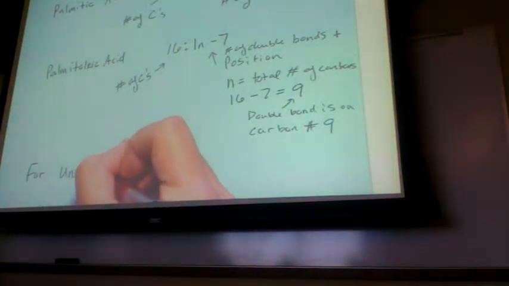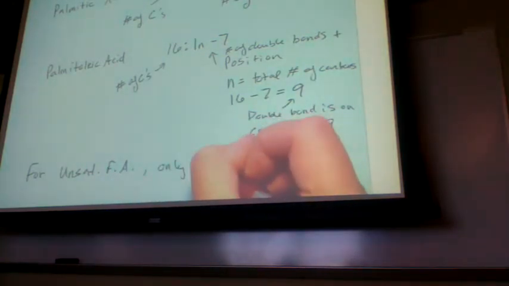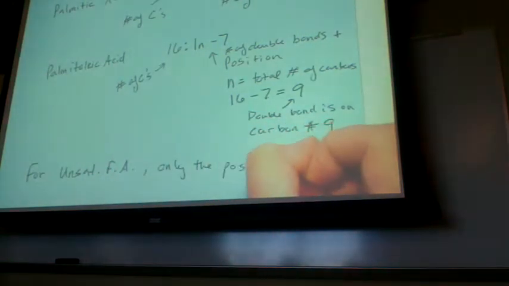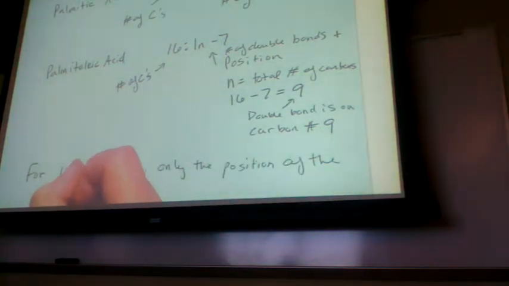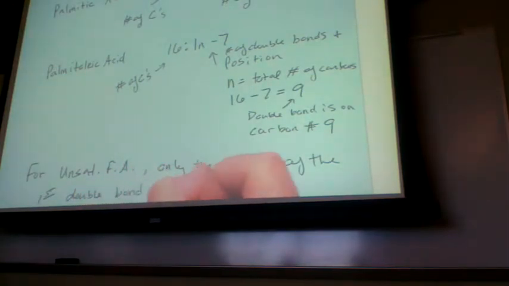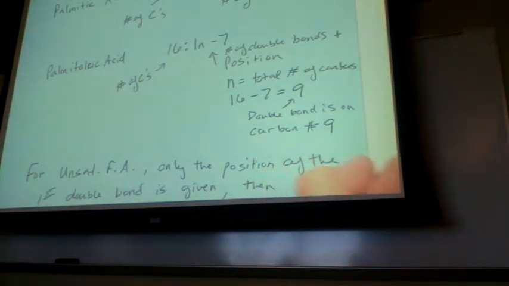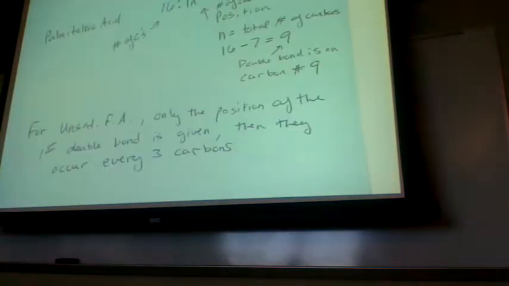Unsaturated fatty acids. Only the position of the first double bond is given. Then they occur every three carbons.